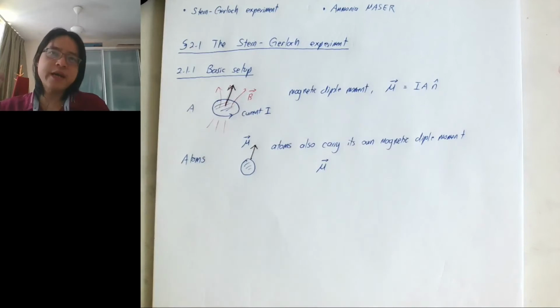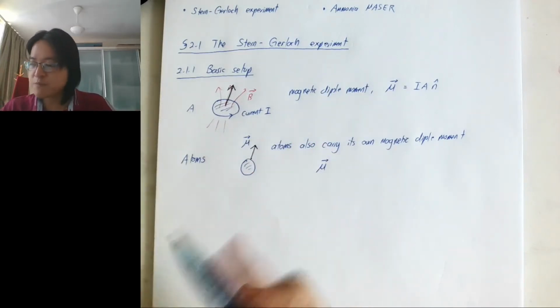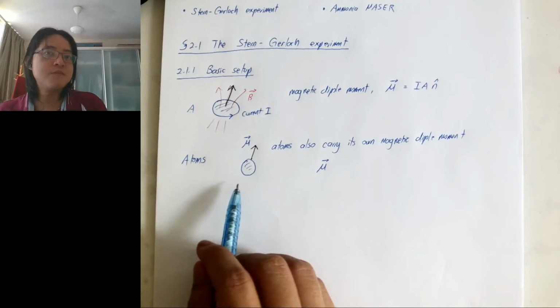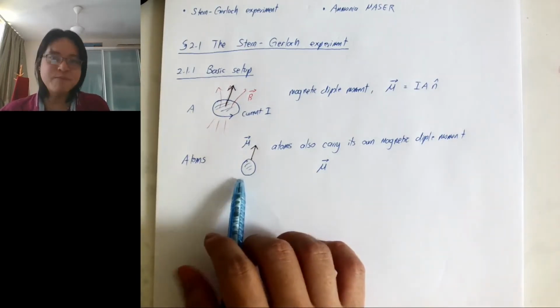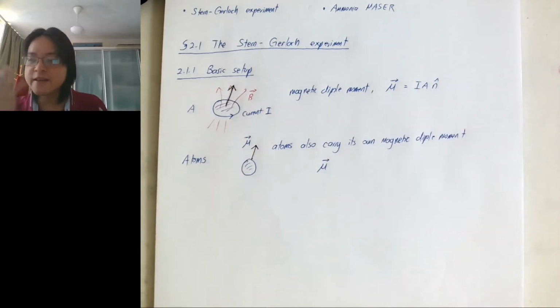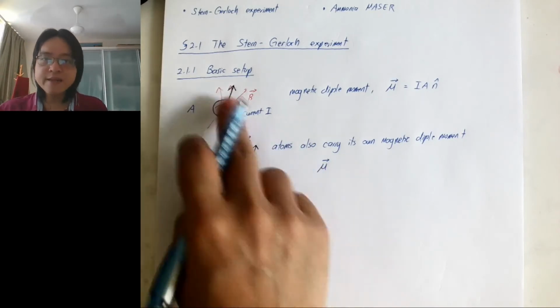And the magnitude you can just imagine like, the higher the charge, the faster it spins, then the higher the magnitude. That is a very rough model to imagine what the atom looks like. But as we go deeper and deeper into quantum mechanics, this picture is no longer accurate. But at least at this level, it gives us something to imagine, right? So there is some magnetic dipole moment.